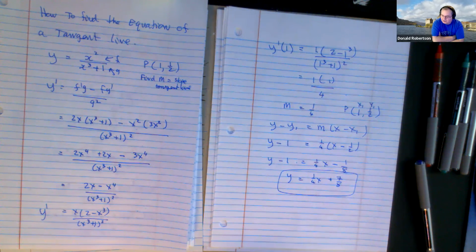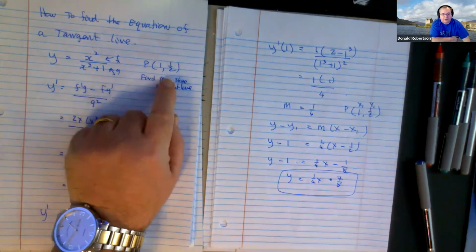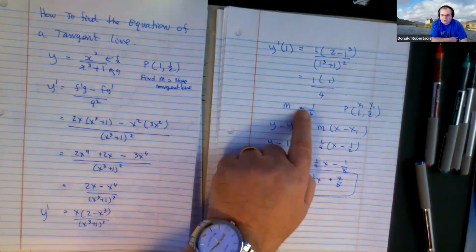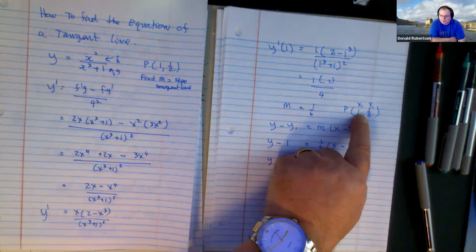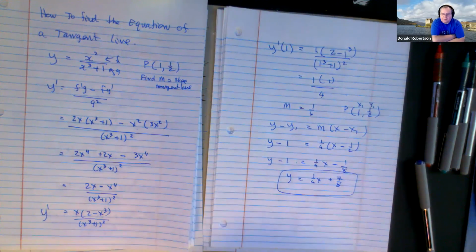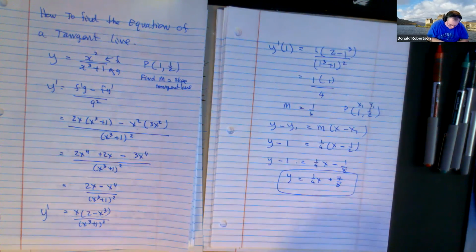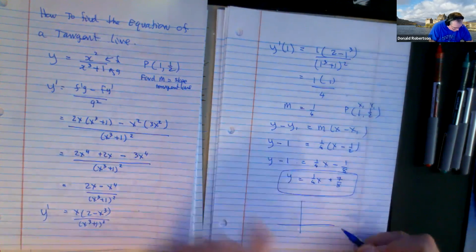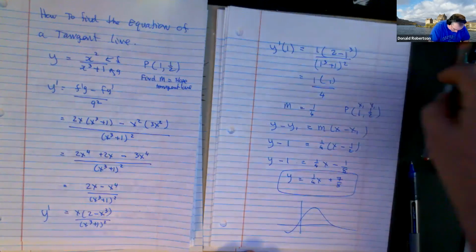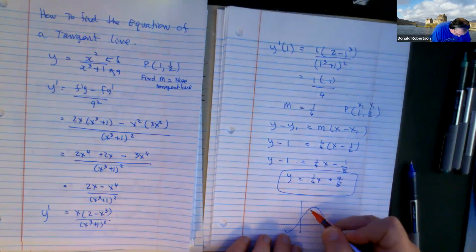Finding an equation of a tangent line is really just: find the first derivative, evaluate it at whatever this x coordinate is, and that gets you the slope. And you already know the coordinates of the point P. You put them together in this equation, and you've got that. If, and I'm not doing it because I don't have enough time, but if I drew this guy, and he might look like that, and I found the point 1, it'd probably be here.